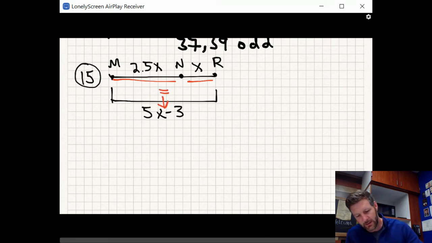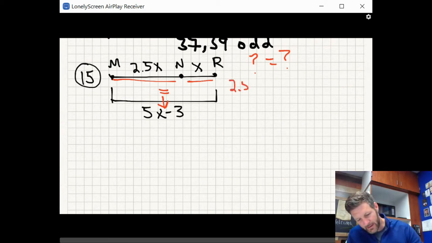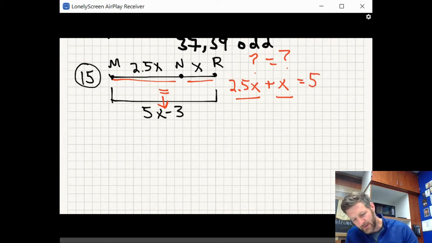Remember what I said if you watch the homework, when trying to solve for x, you always want to write an equation. What is equal to what? Well, in this case, we'd have to say 2.5x plus x. These are the two segments, mn and nr. They're equal to the entire length, which is 5x minus 3.